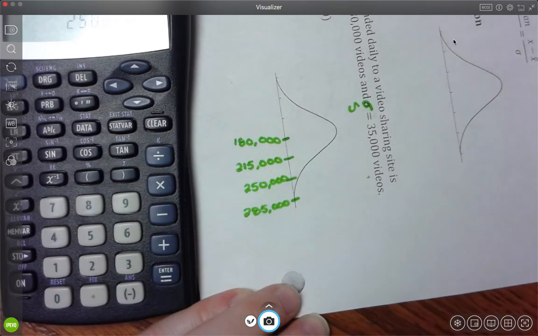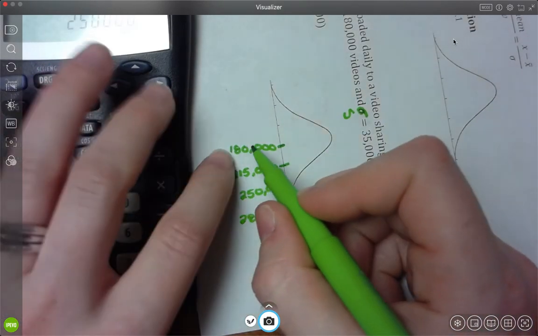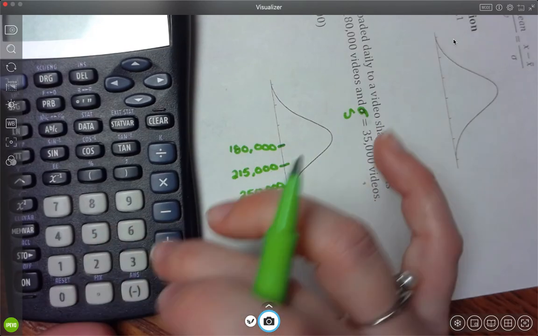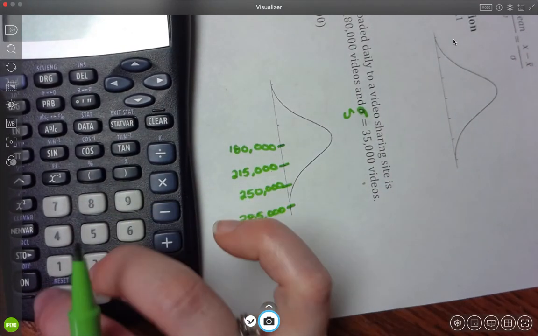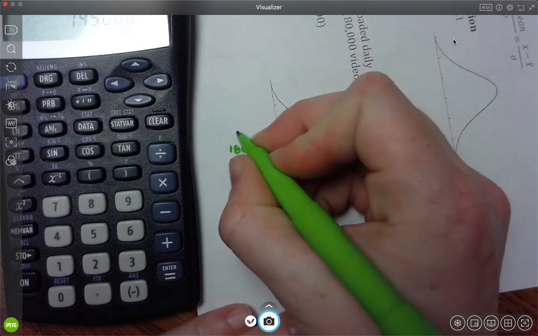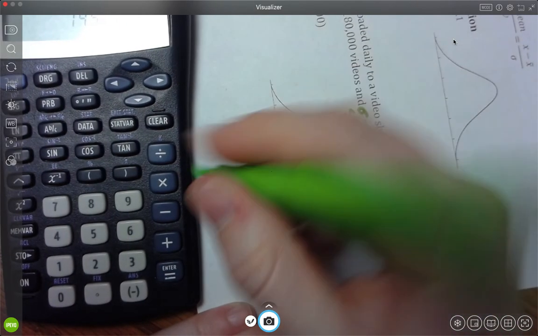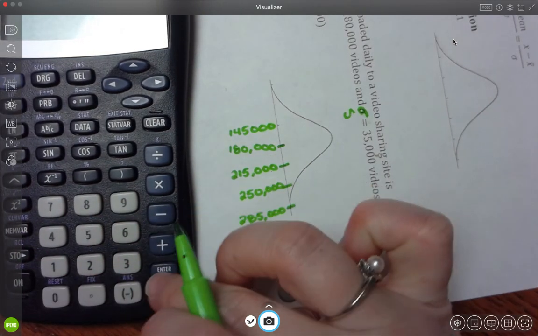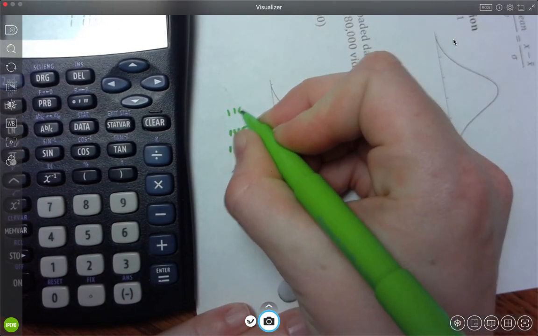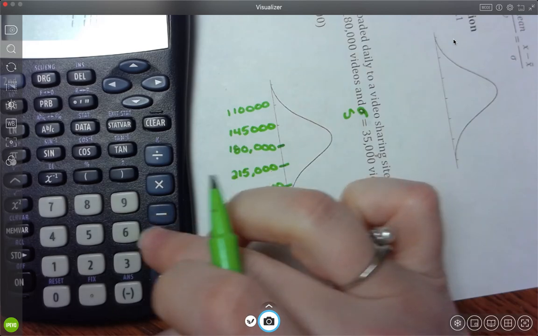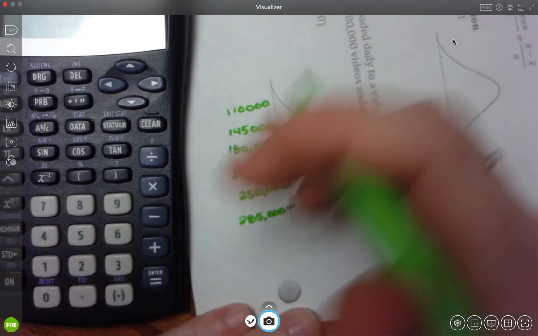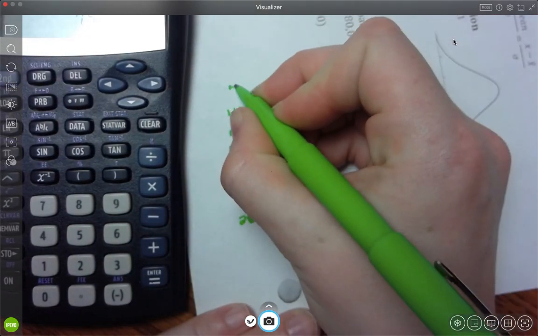Add another 35. Okay, now if I start back at 180 again and subtract 35, I get 145. If I subtract another 35, I get 110. And if I subtract another 35, I get 75,000.